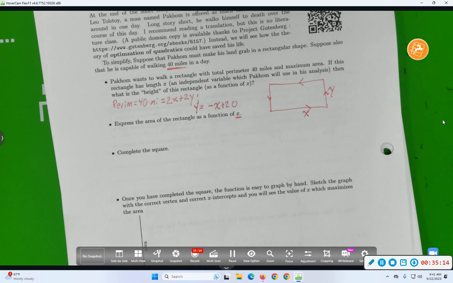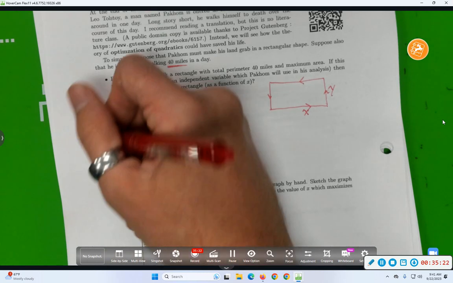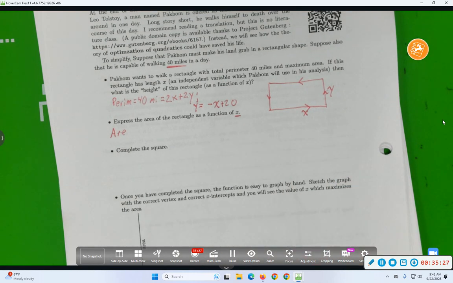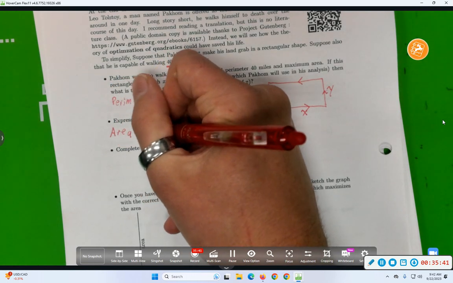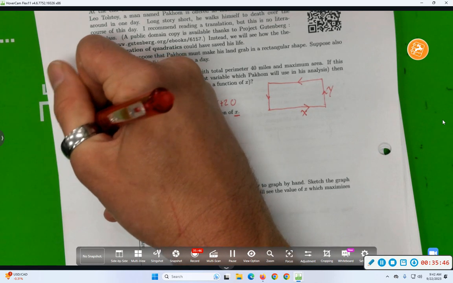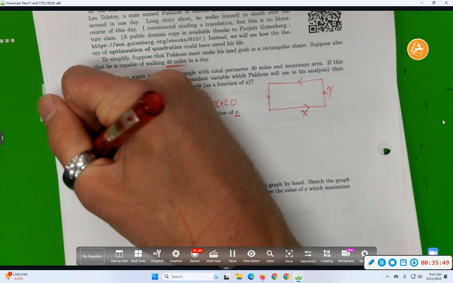All right, so now we have x and y. Let's remember that we want to maximize the area, though. What's the area of an x by y rectangle? X times y. So the area is x times y, and maybe I'll point an arrow there. This is the thing we want to maximize.